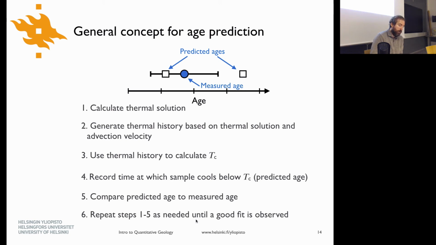You'll do this until you observe a good fit. I should put good fit in quotation marks, because you won't get a very good fit in terms of the chi-squared value. It's not going to look very nice, but it's the best fit that you can get with the model that we're using.